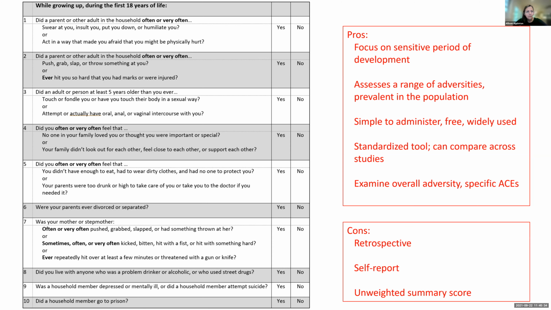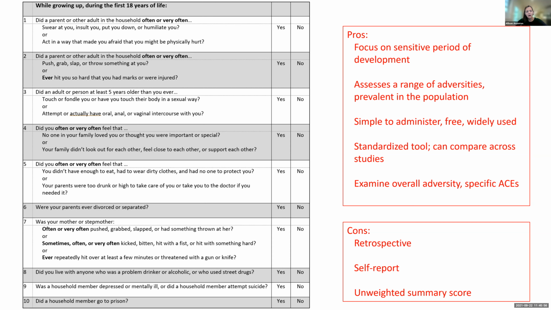Cons, and these are cons that go with any retrospective self-reported measure: when you have retrospective report, especially self-report about sensitive topics, you're going to have some inaccuracies in your data. And this is an unweighted summary score, which is just a count of the number of ACEs.